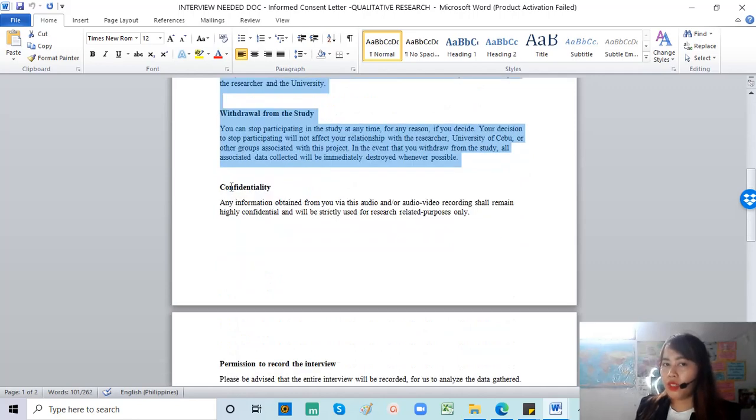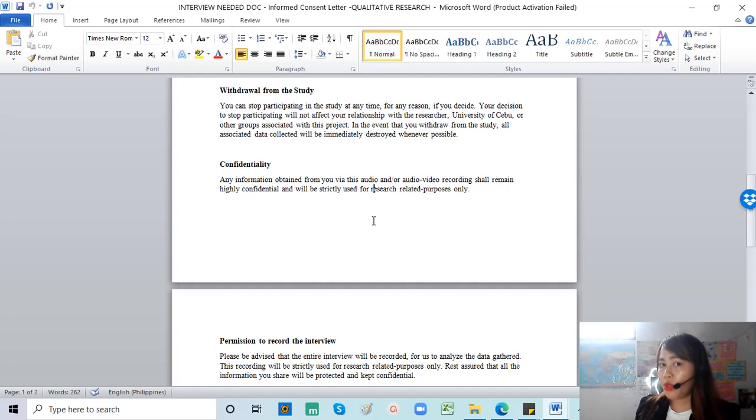And then confidentiality, as researchers, everything nga mahitabo sa interview karon, mag-gather ng mga data, it will all be used for research purposes, and dili siya ma-leak because it's confidential, and that is our promise, no, as the researchers of this particular study. And we swear, no, we will really protect the data nga among mag-gather gikan sa imuha.